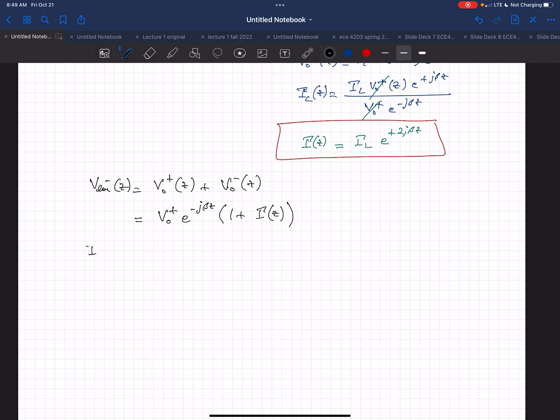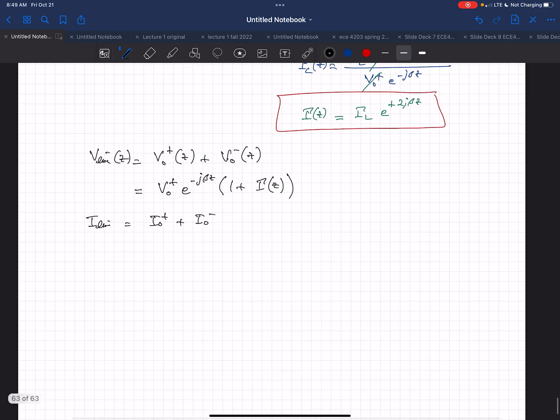And the line current at any point, if I sum up the forward going current and the reverse going current, is equal to V0 plus over Z sub 0 e to the minus j beta z times 1 minus gamma of z. So these are still definitions.